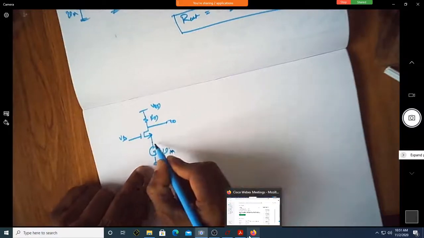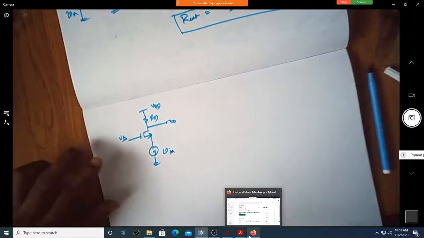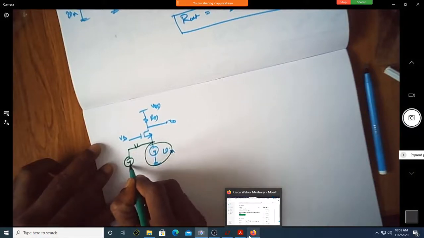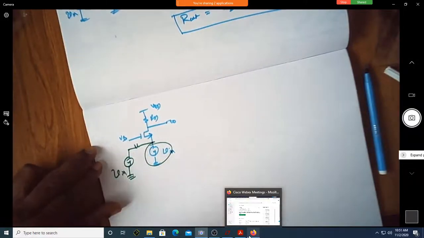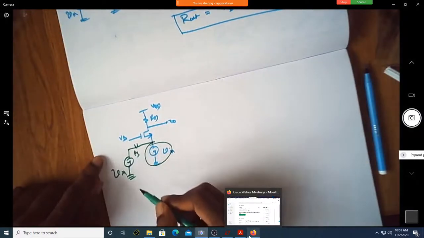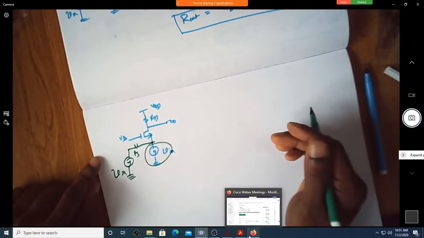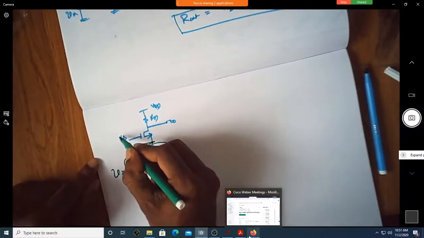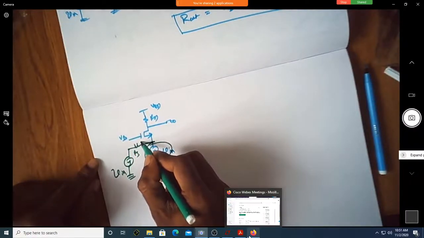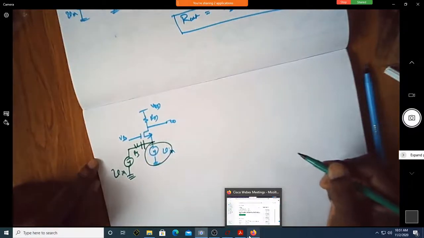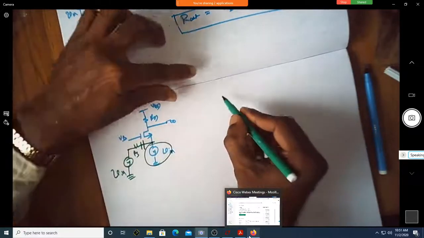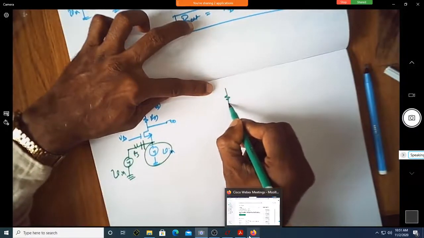So what I will do, I will take out this source and put Vin here, because this has some effective resistance RS. This may have some DC voltage that may affect my VB. So I will put a capacitor. When I put a capacitor, the circuit will look like this.